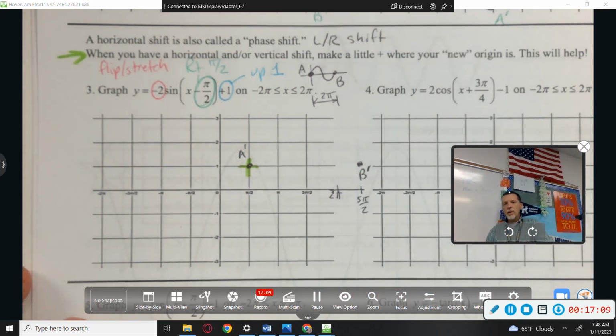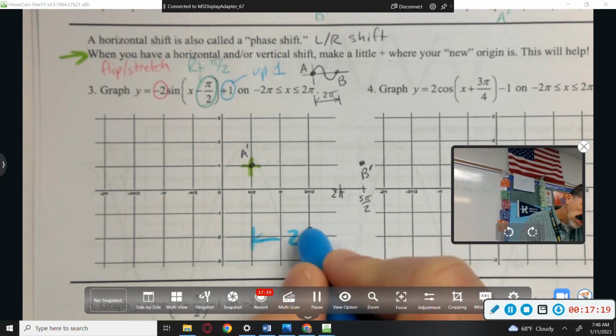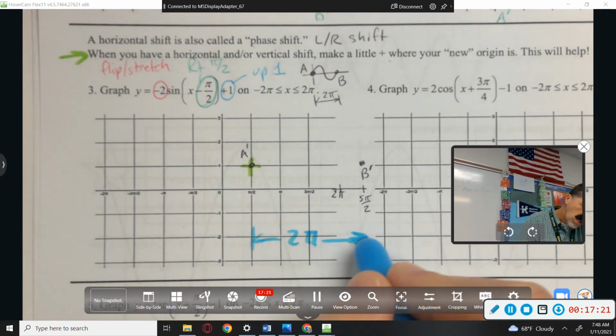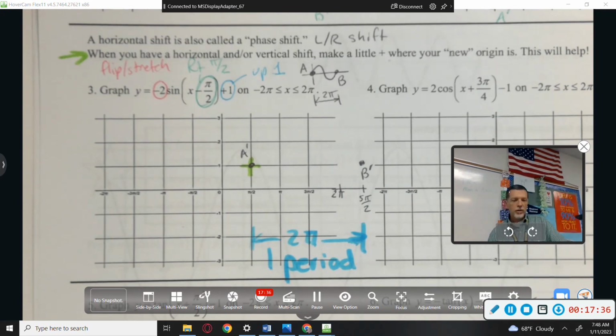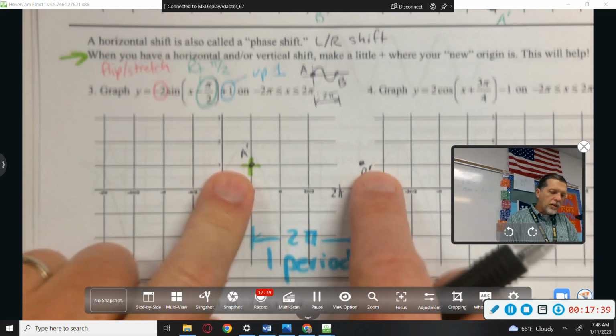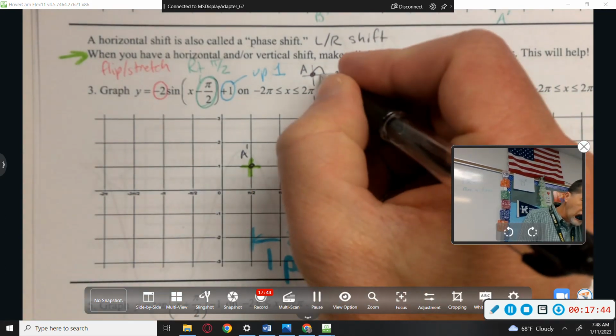My window is 2 pi away, because that's one period or one cycle. That is a super common mistake, to say, oh, the period's 2 pi, so it starts over at 2 pi. No, it starts over 2 pi away from where you started. So I've got my starting and my ending. If you get that far, you're probably fine. You just put the pieces in there.